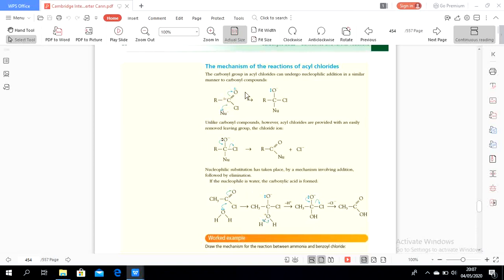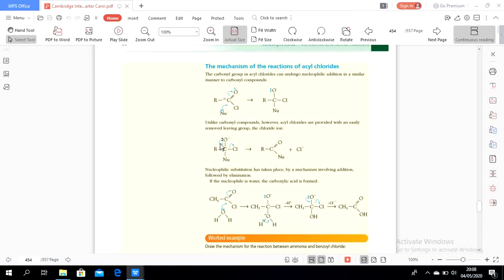So this is the mechanism. First, electrons are pulled by the electron-withdrawing oxygen, and then the nucleophile gives an electron pair to the carbon because the carbon has become a positive dipole.